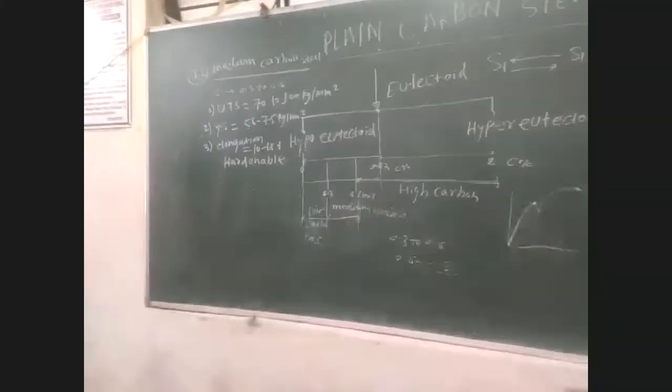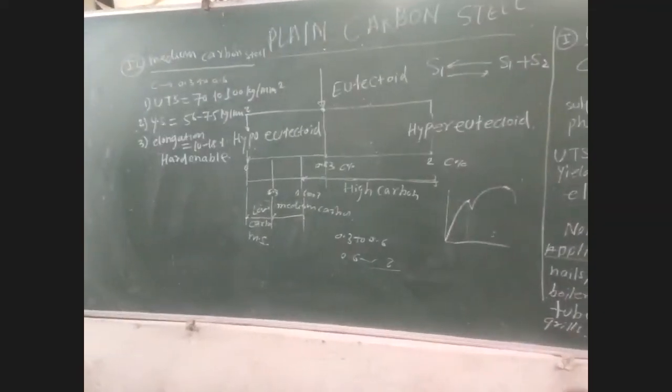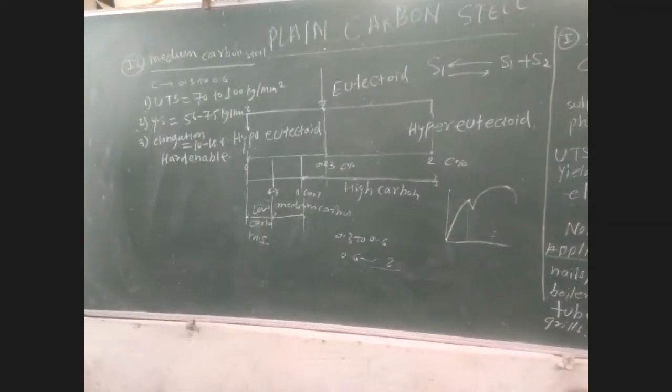But on this side, medium carbon steel, ultimate tensile strength is 70 to 100 kg per mm square, yield strength is 56 to 75, and elongation is 10 to 18. Elongation is very less as compared to low carbon steel.